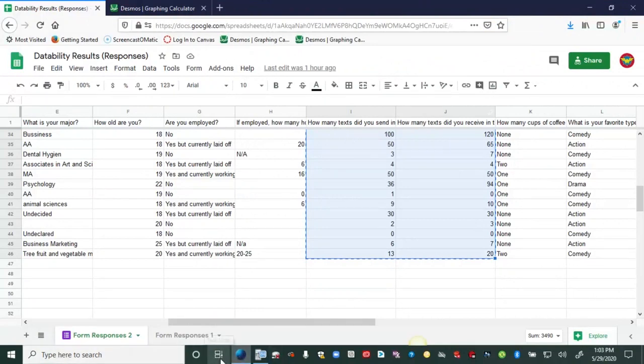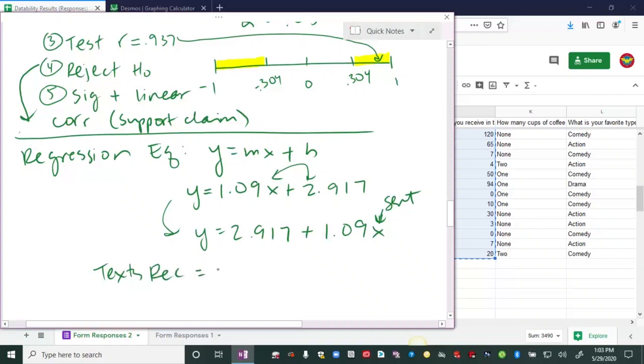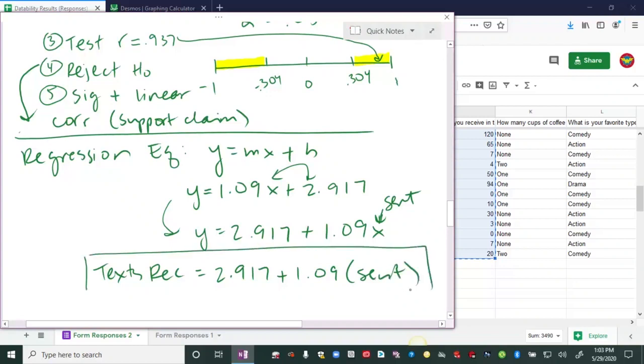So sent comes first. Let me go back here to my equation. So this is sent and y is received. So I can say that the texts received is equal to, either one works, right? I'm just going to grab this one because it's second, 2.917 plus 1.09 times the number of texts sent. So we've got a nice meaning for that too, so we can use that regression function.